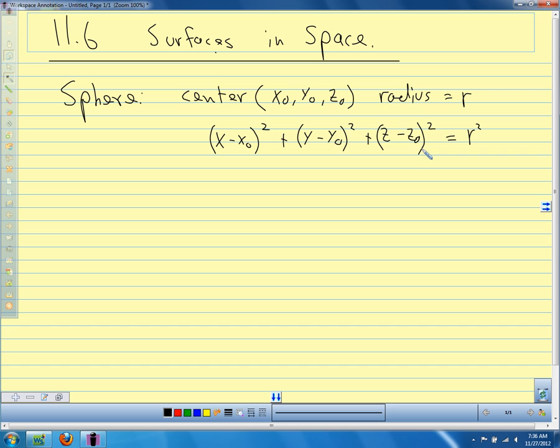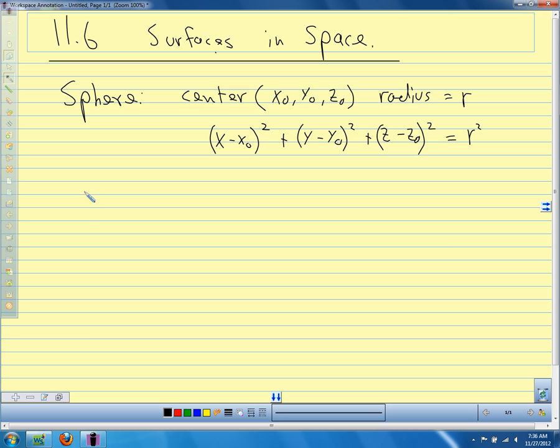So just extending what we know about circles. This is our first surface in space, a sphere, and this is our equation. Anytime we have an equation with this form, we're going to have a sphere. And we can extend what we know about circles to solve problems involving spheres.